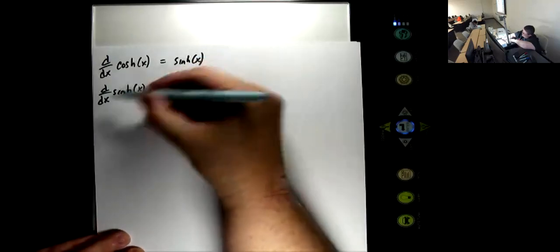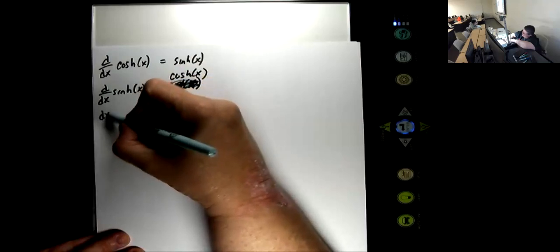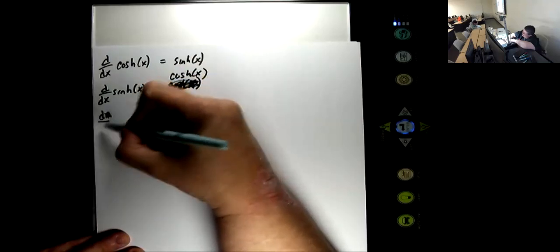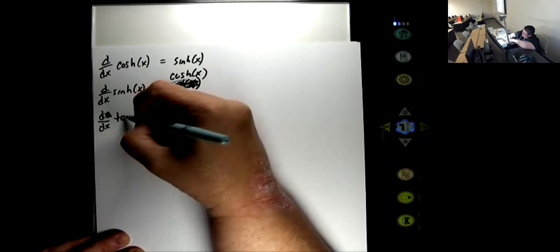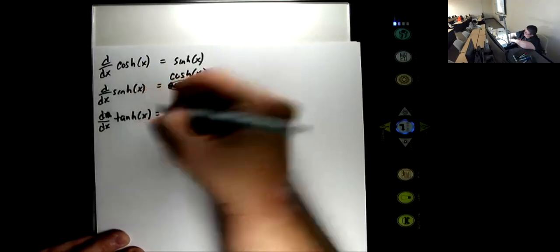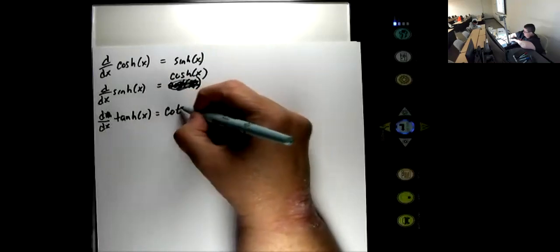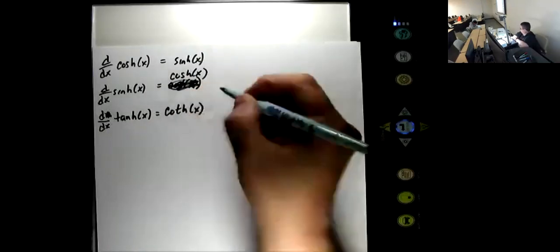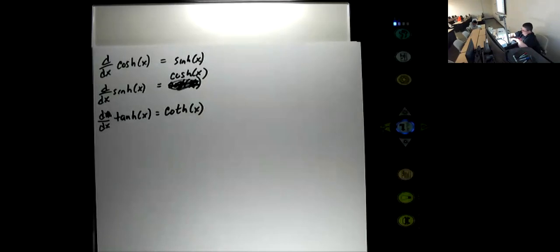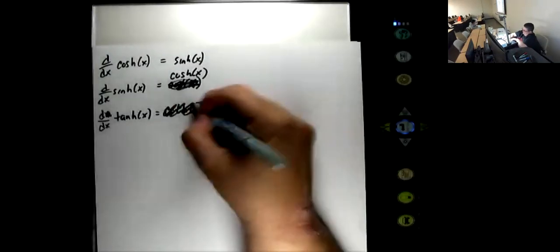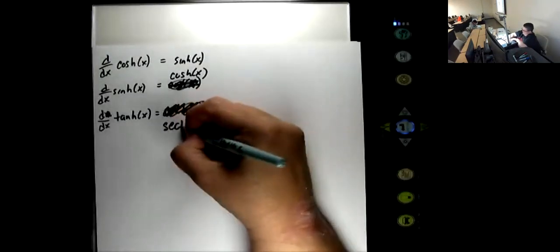And since they're both positive, we know tangent is sine over cosine. Oops. d/dx of hyperbolic tangent is hyperbolic cotangent. No, it isn't. What am I talking about? It's the hyperbolic secant squared. Over here talking out my ass.